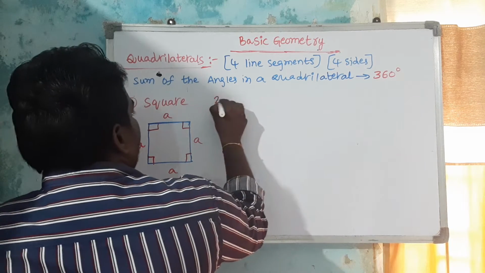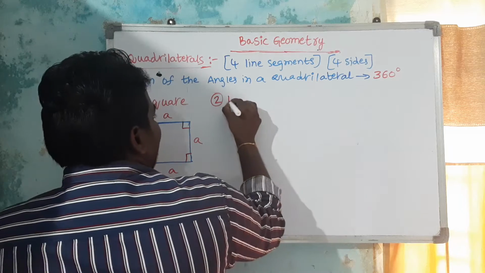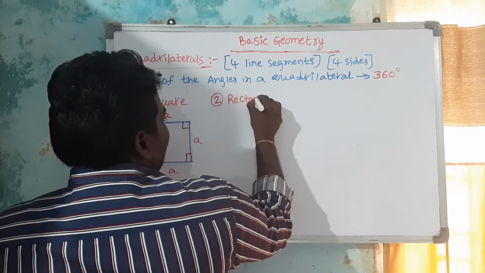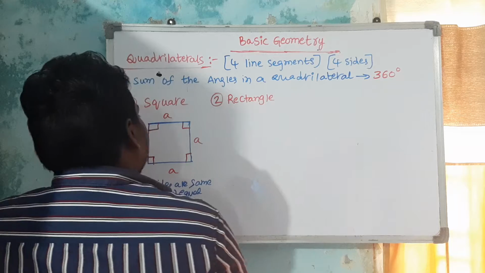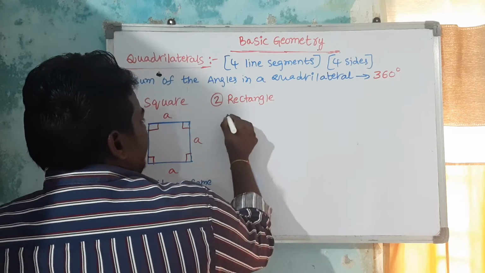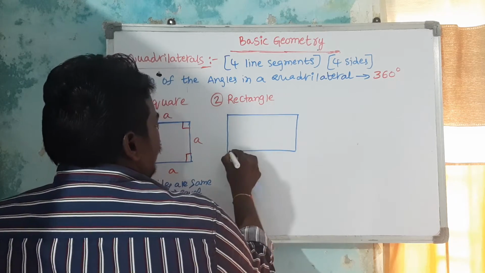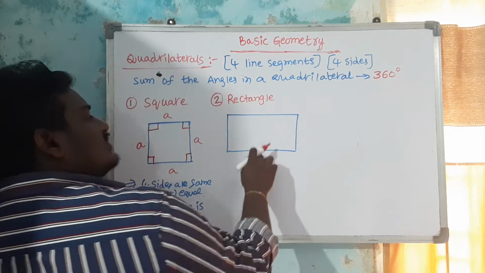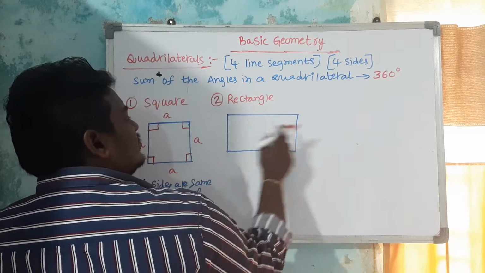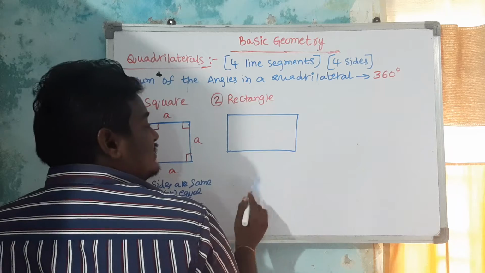Next, we will go for the rectangle. In a rectangle we have two pairs of parallel opposite sides, and the opposite sides are equal.